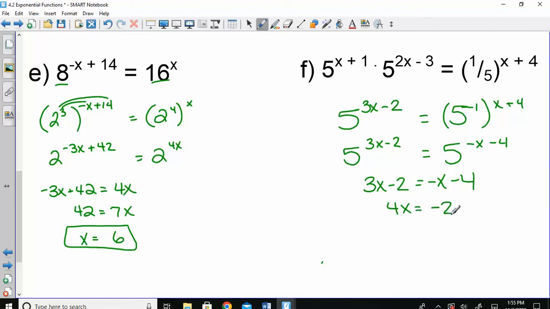Add over my x. Add over my 2. Divide and we get negative 1. So you just have to remember, you cannot drop your base until it's only written once on each side. If you drop it too soon, you end up multiplying those exponents, and that's going to give you the wrong answer.